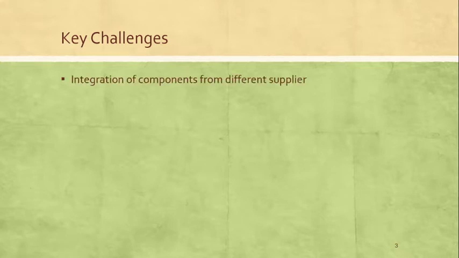So we see the key challenges of CIM. So what are the key challenges of CIM? First one, integration of components from different suppliers. When different machines such as CNC, conveyor, and robots are using different communication processes or protocols, it may cause problems.